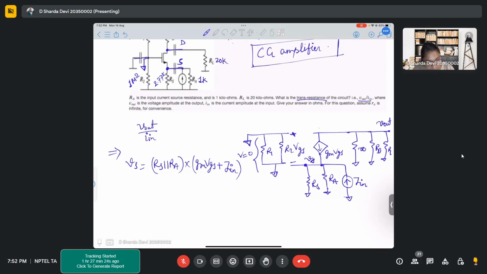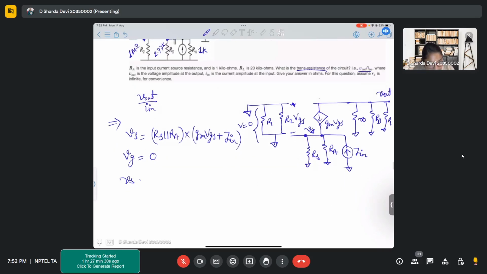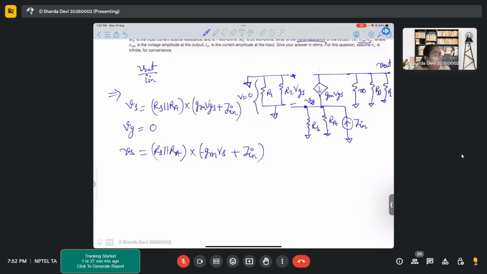So Vs is RS parallel RA into (gm(-Vs) plus IN). Writing it down: RS parallel RA into gm Vs plus Vs equals RS parallel RA into IN.